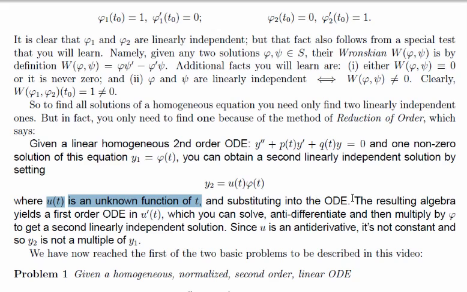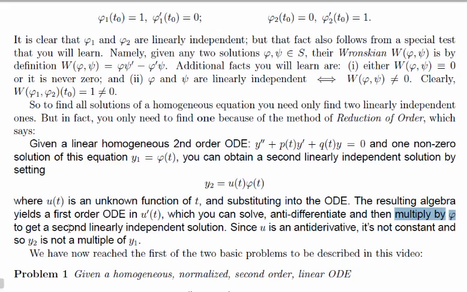So u(t) is an unknown function of t. Substituting into the differential equation and evaluating all the terms, you have to do a little algebra, but after you do that, you see what drops out is a first-order ODE in the function u prime. Linear. So first-order linear equations, you learned how to solve those in the first third of the course. So you solve for u prime, you anti-differentiate it to get u, and then you multiply by phi.